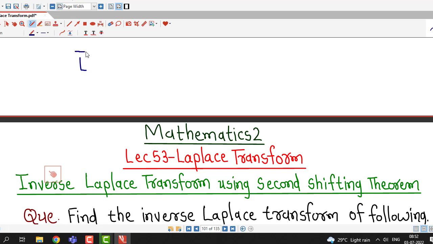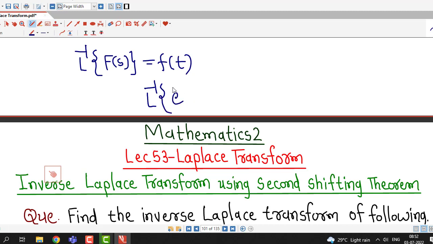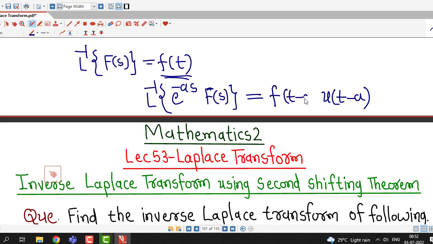So we know that suppose L inverse of capital F of s is small f of t, then if we are interested in the inverse Laplace transform of e raised to minus as times capital F of s, then this is given by unit step function at point a into value of this function at t minus a.